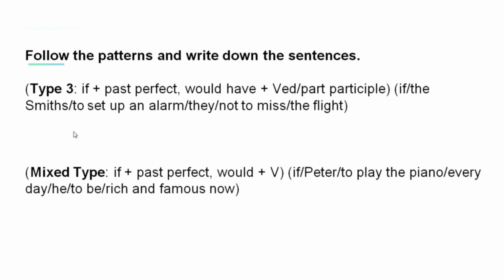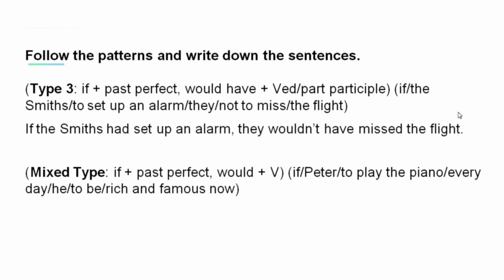Type 3. If plus past perfect, would have plus verb ed or the past participle. If the Smiths to set up an alarm, they not to miss the flight. If the Smiths had set up an alarm, they wouldn't have missed the flight.